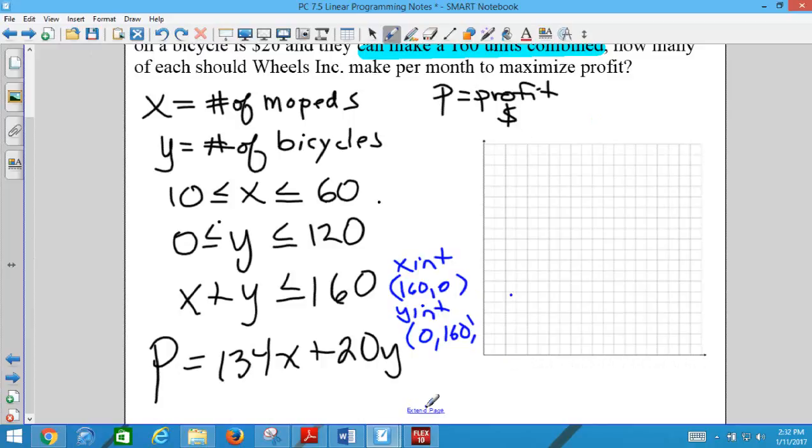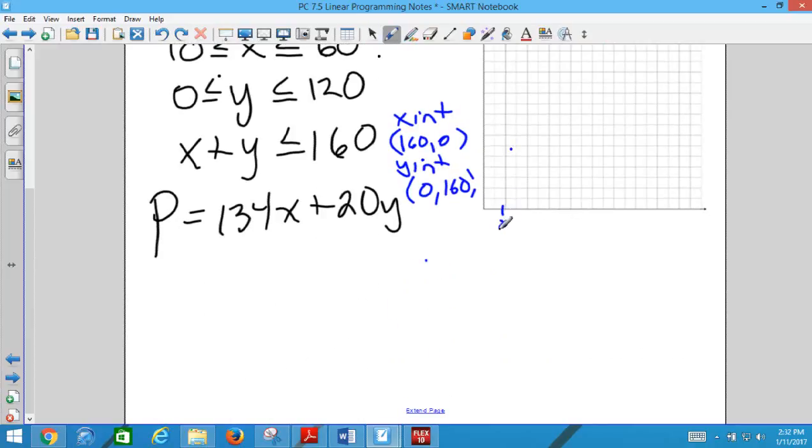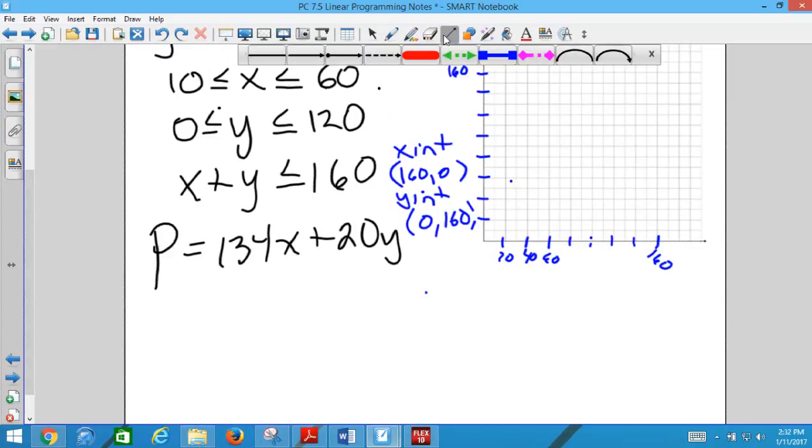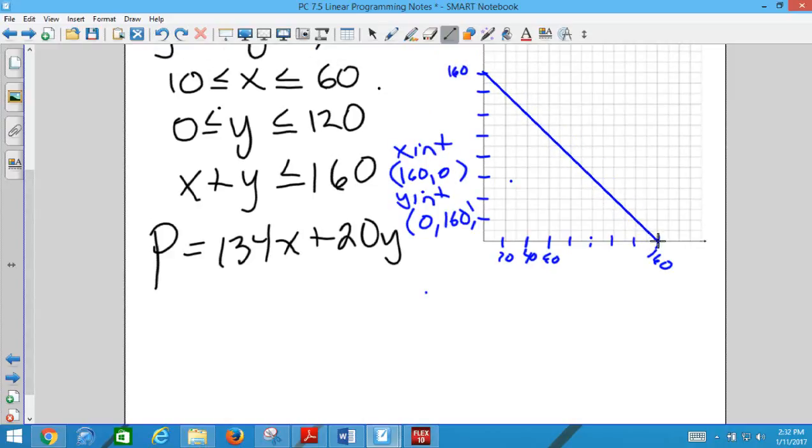I thought it looked really small. All right, so there's the first one.